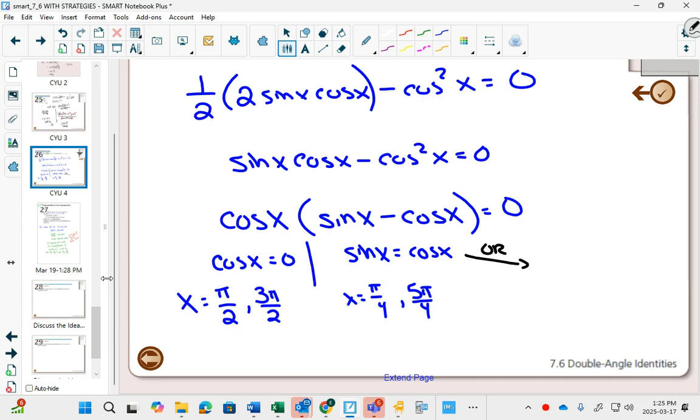Or you could also solve this if you divided both sides by cos. That would change it to tan x equals 1, and you would find that tan is positive 1 in quadrant 1 and quadrant 3.